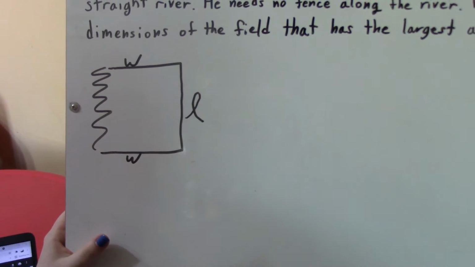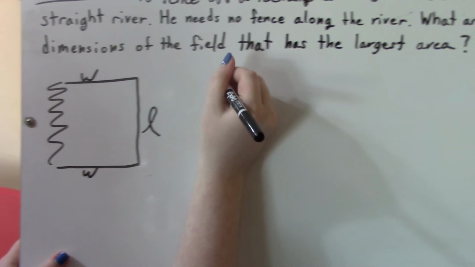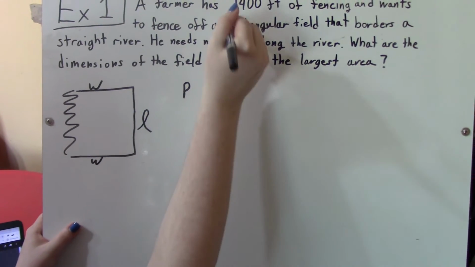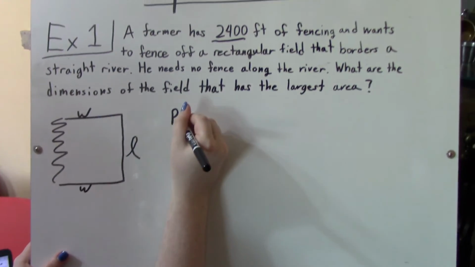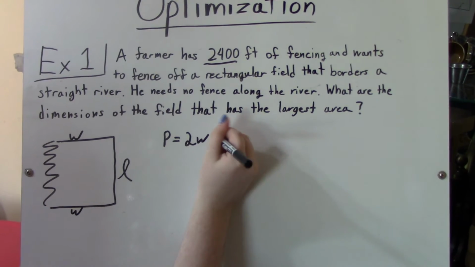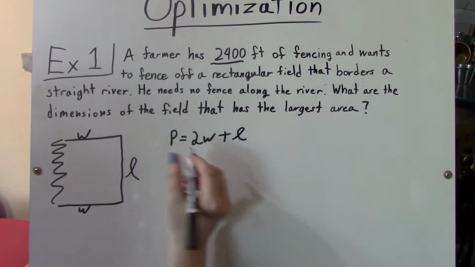Now let's start with the constraint. Our constraint is that P, being the 2,400 feet, equals 2W, since we have two widths, plus length.